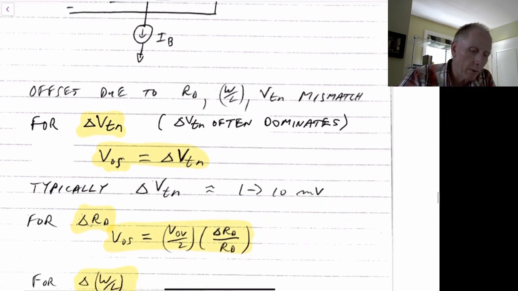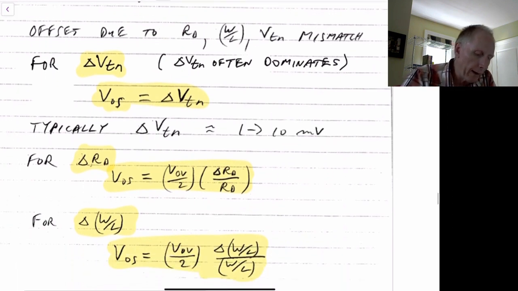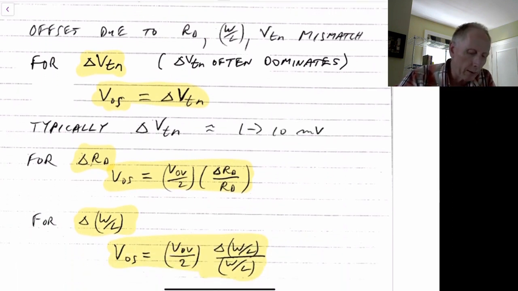Typical numbers for delta VTN are 1 to 10 millivolts. For delta RD, if we have an RD mismatch between the two resistors, then the input offset will equal the overdrive voltage divided by 2 times delta RD over RD.